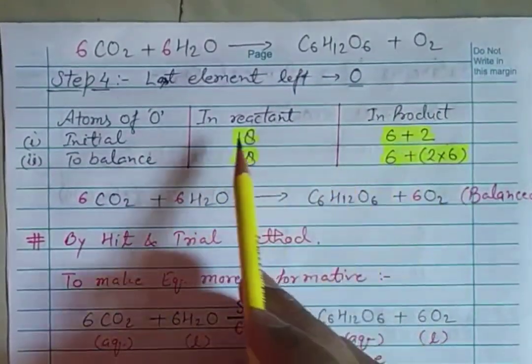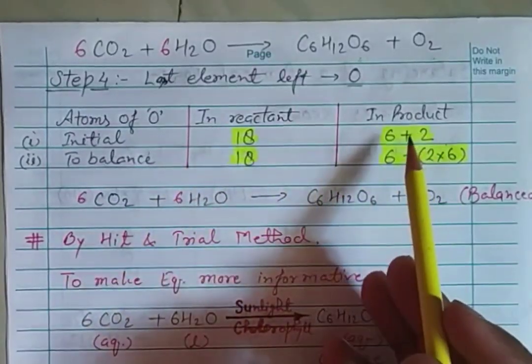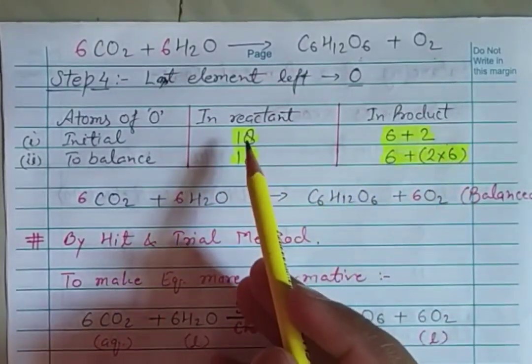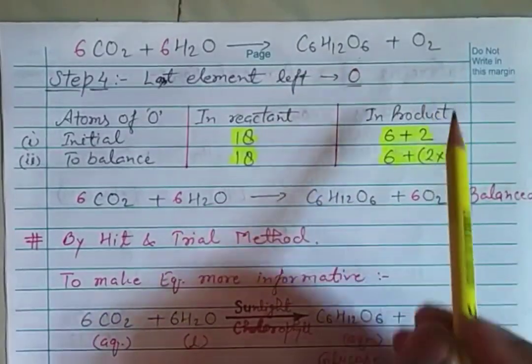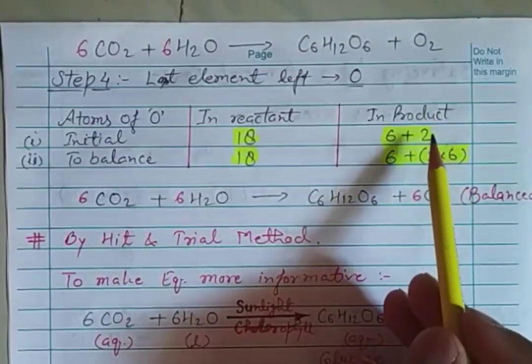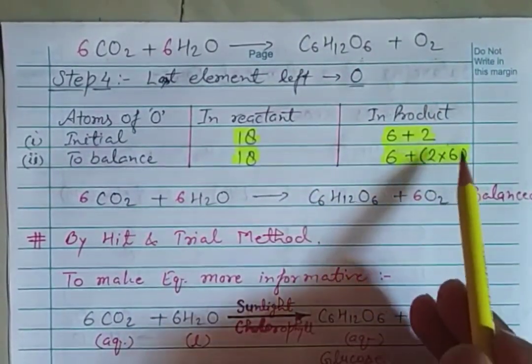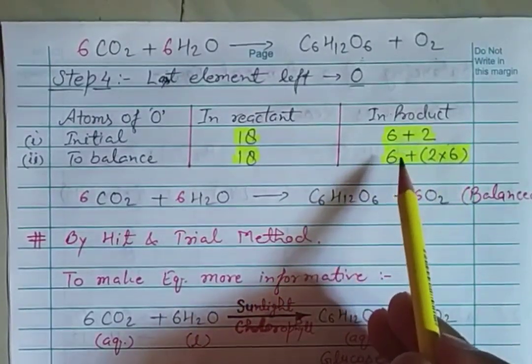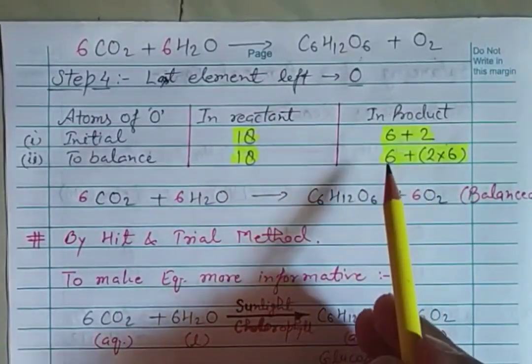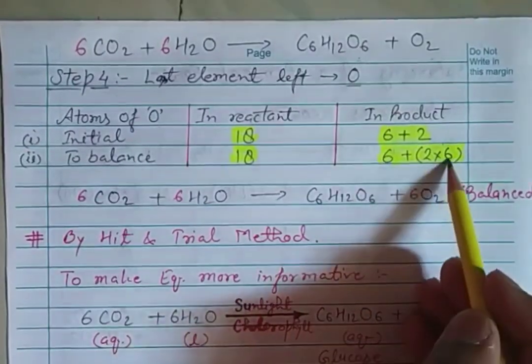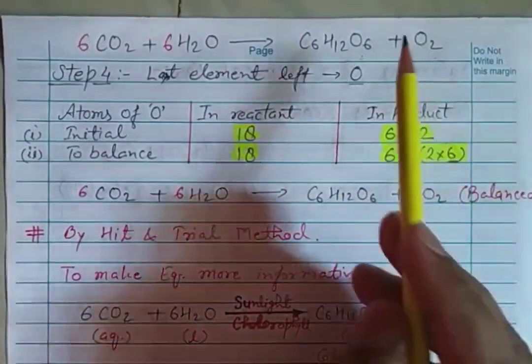So how can we make them equal to 18? You cannot multiply 8 by any number to make it 18. But in the last term, where 2 atoms are there, if you multiply by 6, it becomes 6 2s are 12 plus 6, equal to 18. So we need to put this 6 at the last term only.